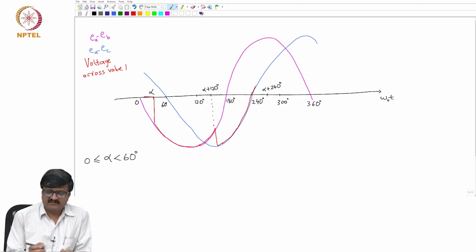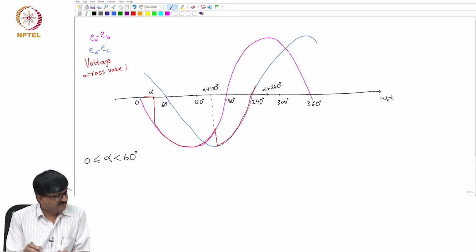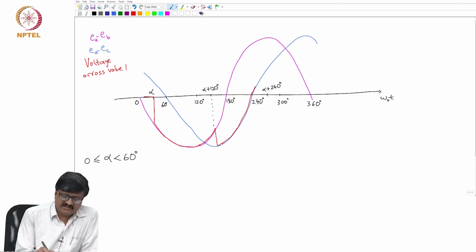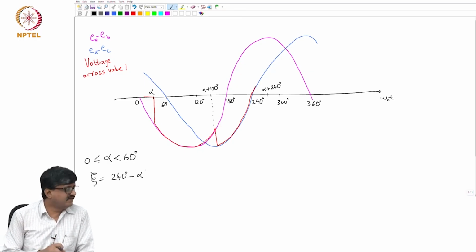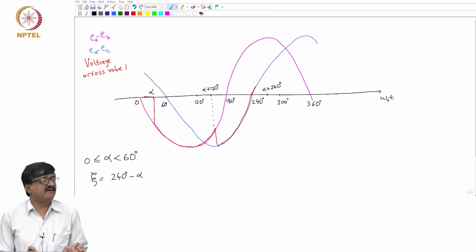Can you get an expression for the commutation margin angle psi? It is 240 degrees minus alpha. So we have two values of commutation margin angle: either 180 minus alpha or 240 minus alpha.